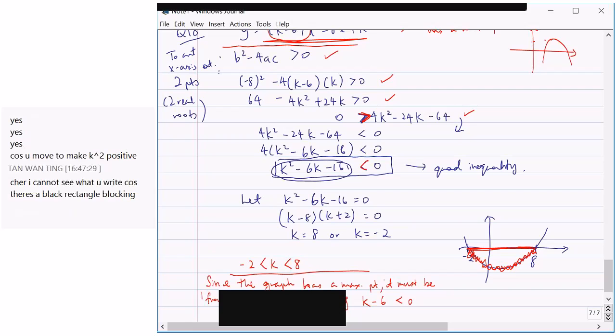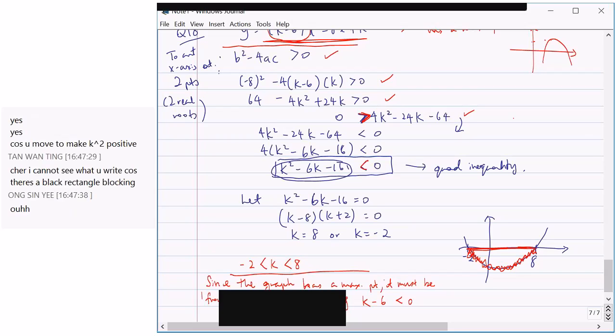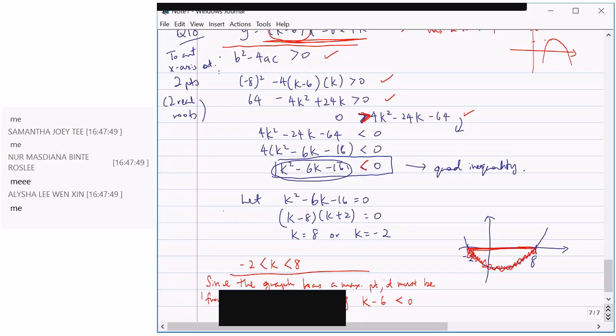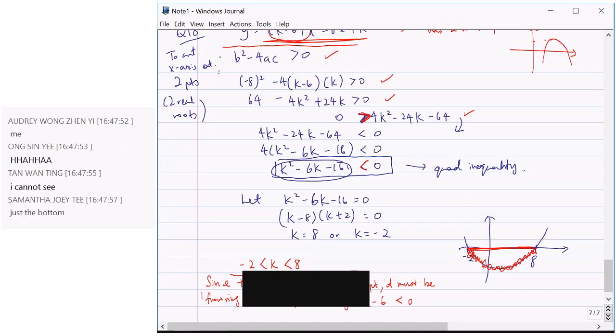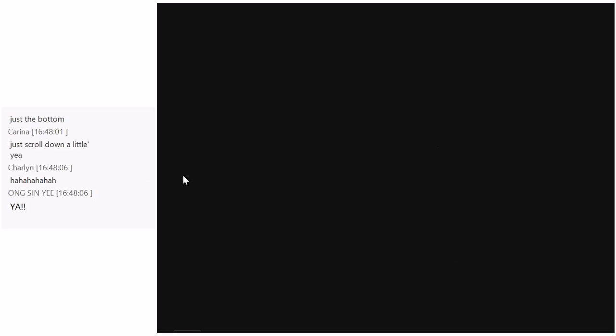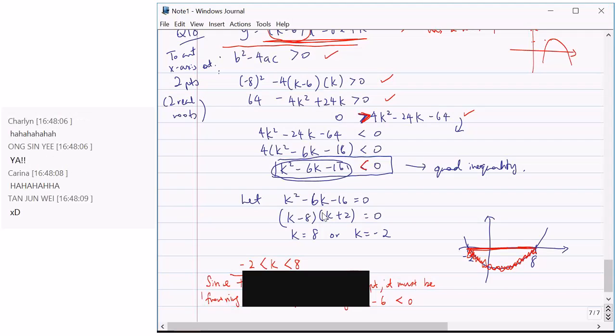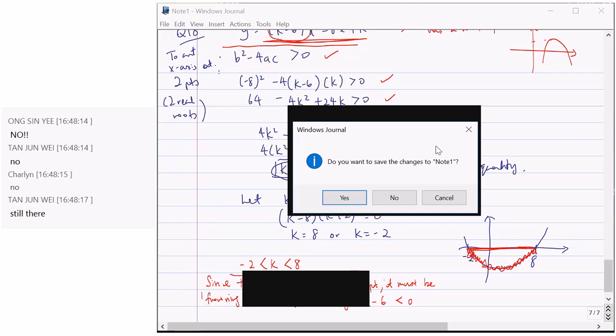Oh, because there's a black rectangle blocking. Wait, what black rectangle? Anybody got the black rectangle thingy? You also cannot see? Oh. Wait, let me see. Okay, wait. You mean all along you cannot see? Very funny. Now can see? Still cannot see? Okay, wait. Shall I start over again?